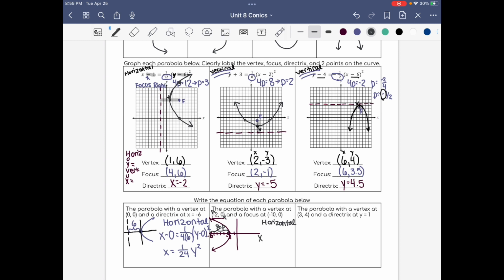So x minus the x value, which is -2, so that should really be x plus 2, equals 1/4 times P, which is actually going to be -8 because it's going to the left. And then y minus 0, because that's the y part of the center.